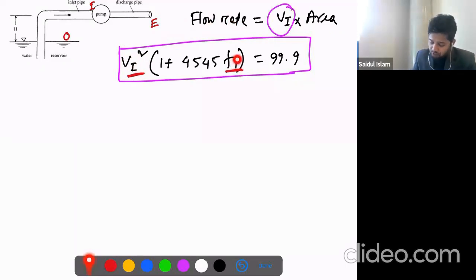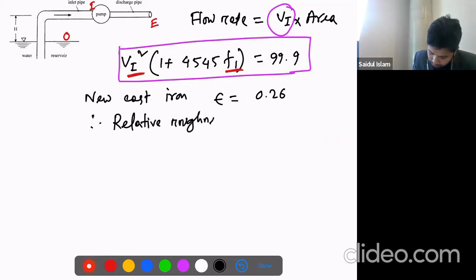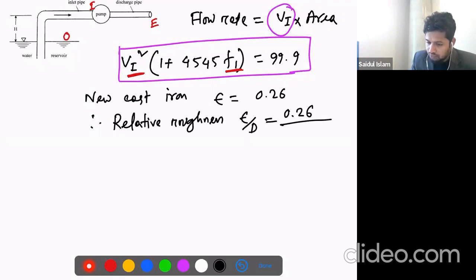Now, for the case, our material is new cast iron. For new cast iron, the epsilon is, we see, 0.26 millimeter. So then the relative roughness, epsilon over D. So this is 0.26 millimeter, and we had the diameter of the pipe as 220 millimeters, so the units will cancel out.